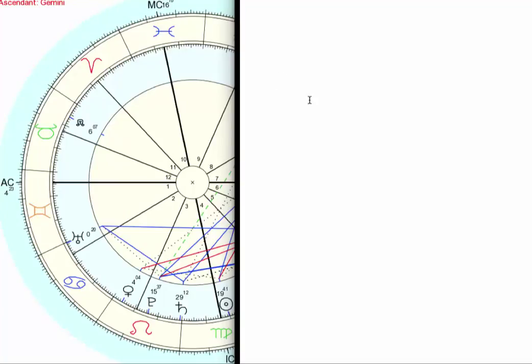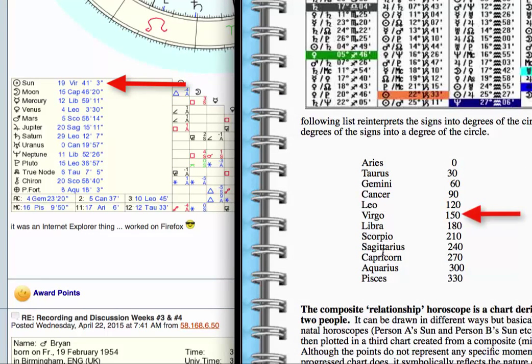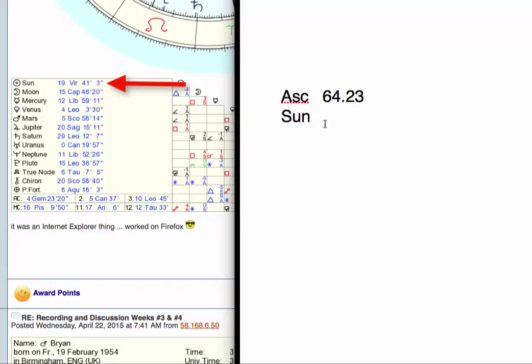All right, so let's just jot this down. So you get a blank piece of paper. The ascendant is Gemini, so we have 64 degrees 23. The sun here in the chart, you can read easily. Virgo, 19 degrees 41. Let's just check. So Virgo we know is 150 degrees into the circle, so the sun is going to be 169.41.